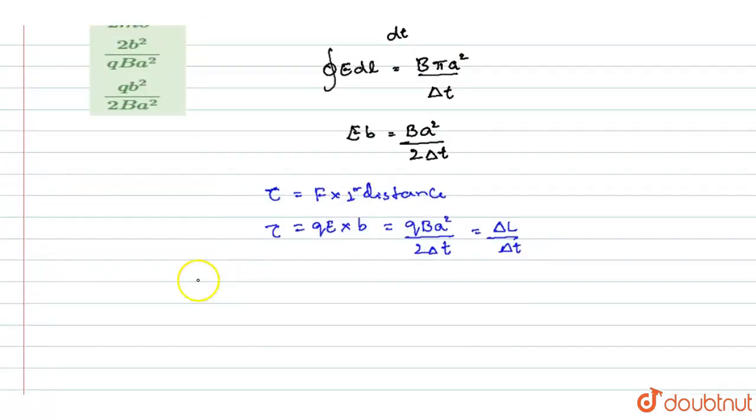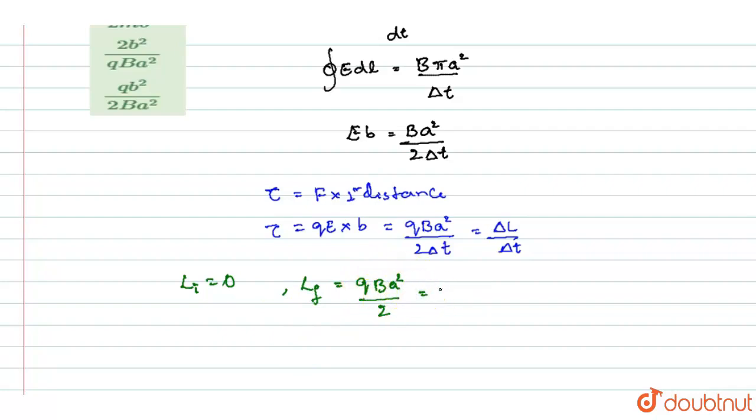So the initial angular momentum will be equal to 0. And when it starts rotating, you will get a final angular momentum equal to Q B a square by 2.